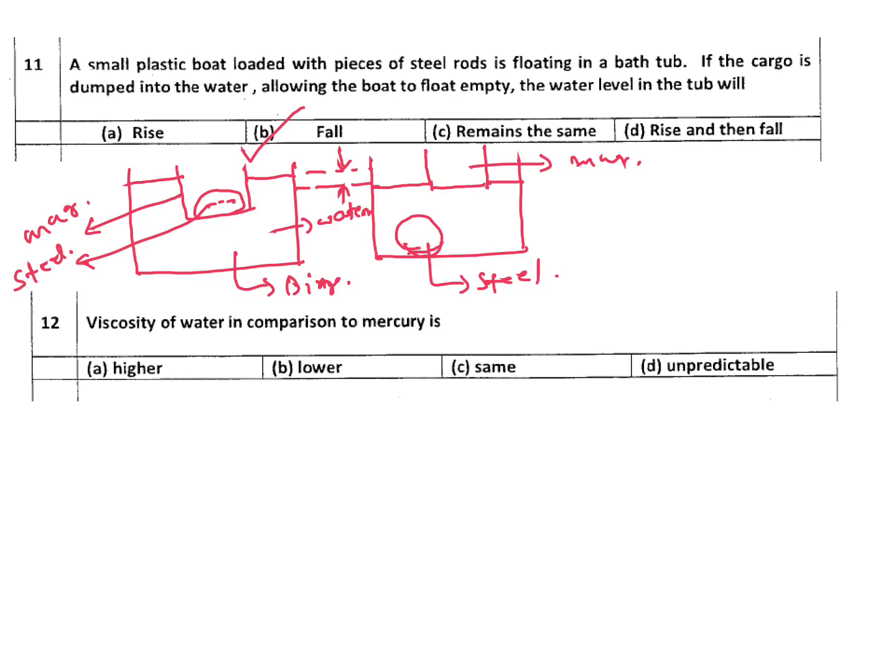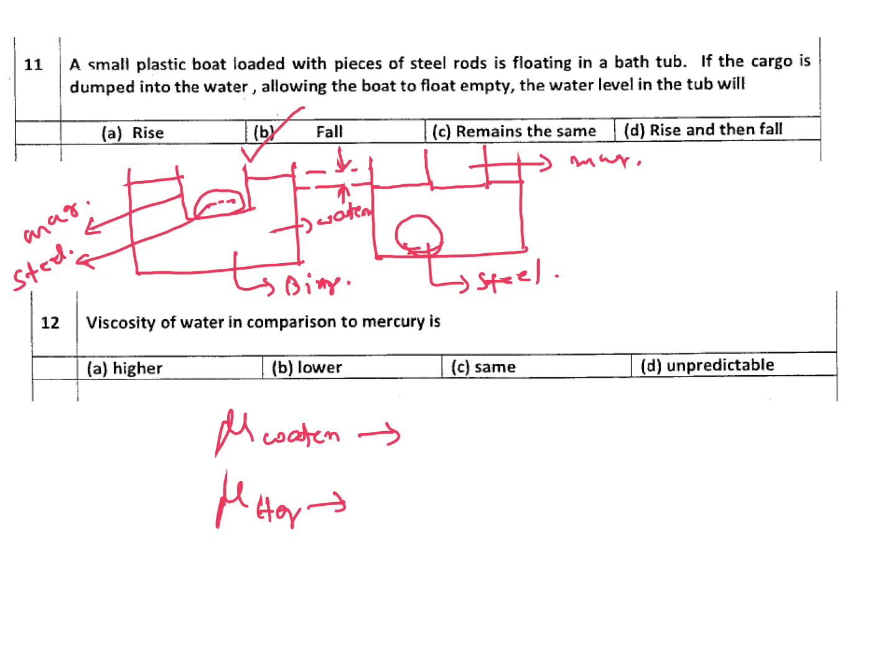Viscosity of water in comparison to mercury is, so viscosity is dynamic viscosity of water, viscosity of Hg, mercury.